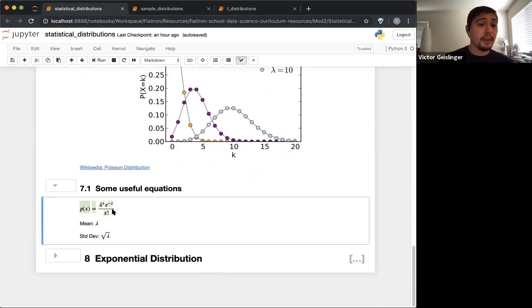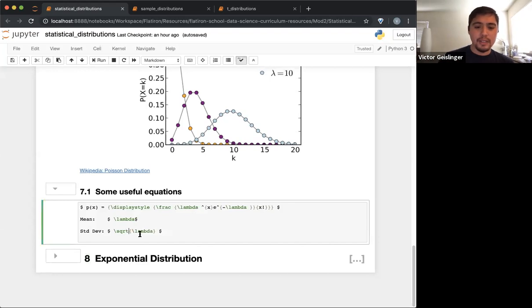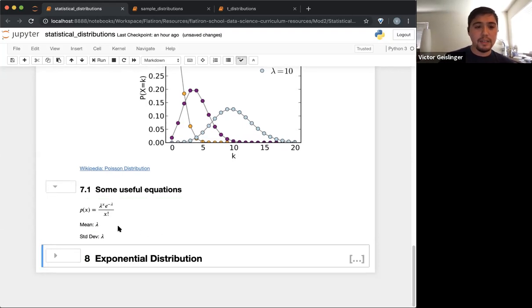This is the distribution right here, and this is how you'd find the probability. Lambda is specific to the problem: the number of events that you would normally have in the same interval. What's kind of cool is that the mean and the standard deviation are exactly the same, and it's simply lambda. I think I have this wrong right now, I have to double check. I think this should actually be just lambda, because we're talking about the standard deviation.